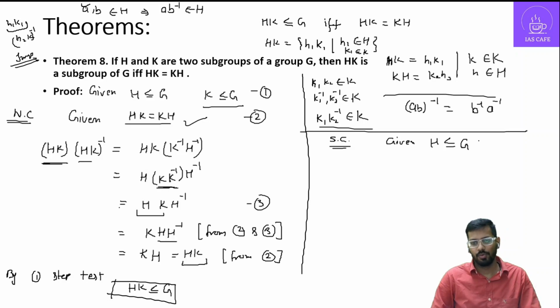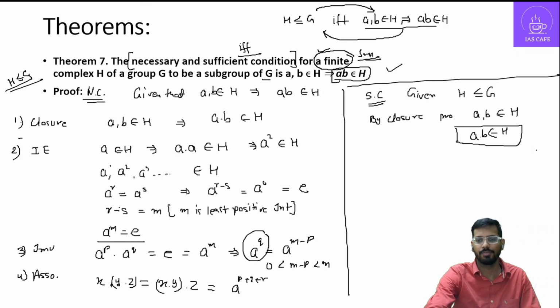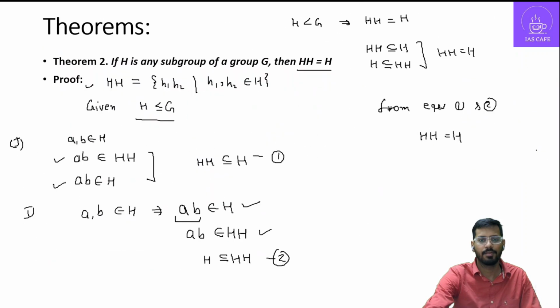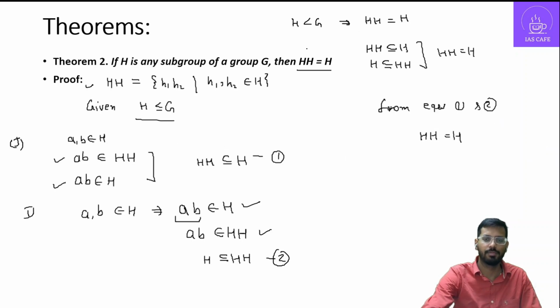So if H is a subgroup of G, then that implies H inverse is equal to H. We have already proved this theorem, this first theorem: if H is a subgroup of G, that implies H inverse is equal to H. We are using this theorem.